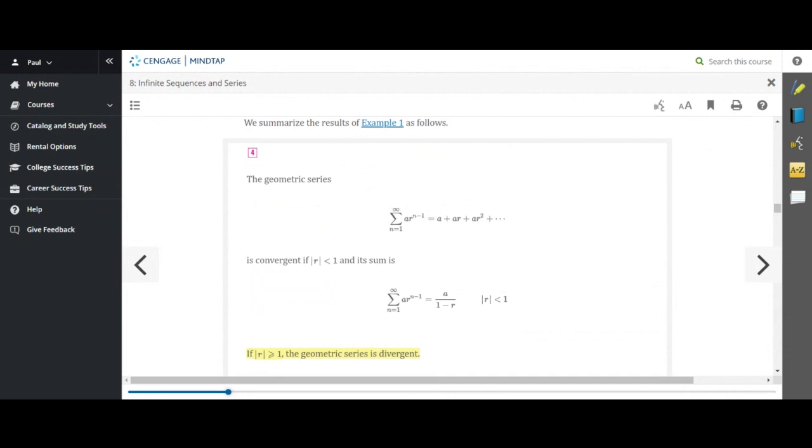If the absolute value of r is greater than or equal to 1, the geometric series is divergent. And that means that the series just doesn't have a finite sum. It doesn't settle down to a finite sum. Divergent series are not very interesting to us. It's the convergent series that are interesting.